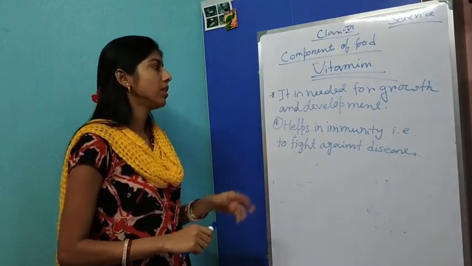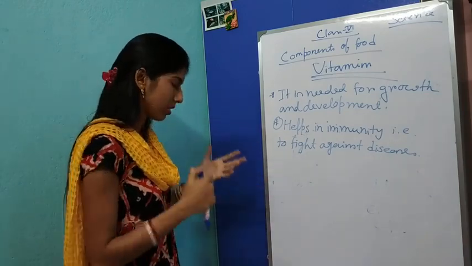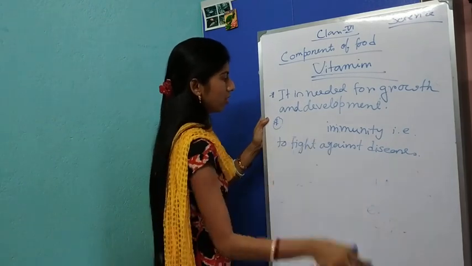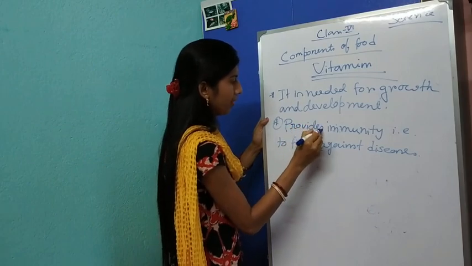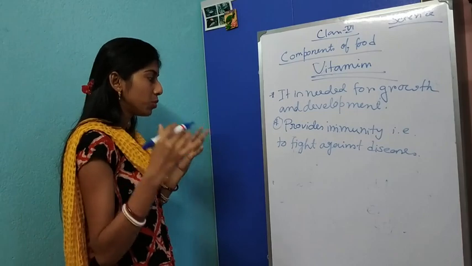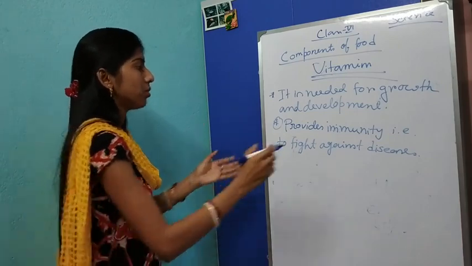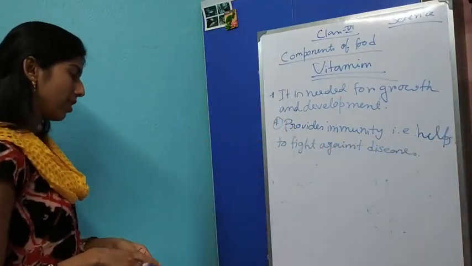So vitamins are needed for growth and development, and they provide us immunity. Rather you can write provides immunity. It provides immunity, that means it helps to overcome any disease condition, that is, it helps to fight against diseases.